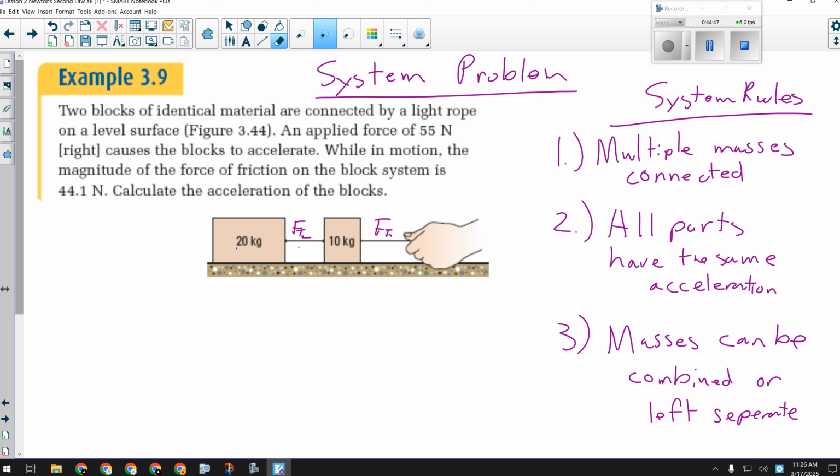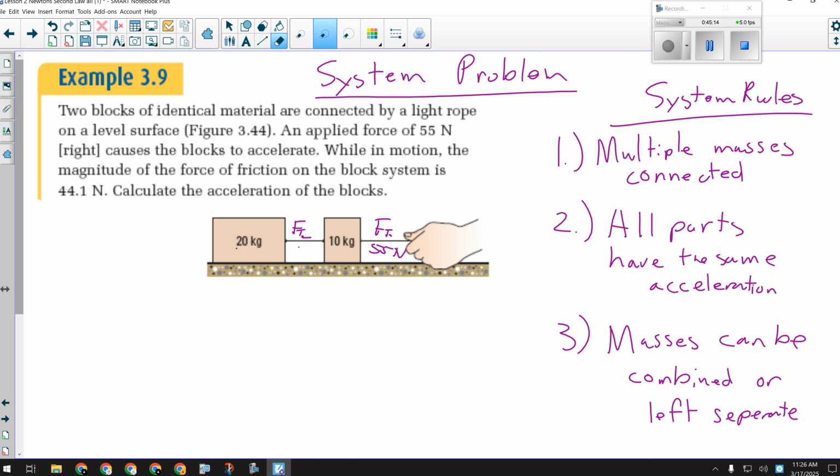Okay, so this first one is a pretty simple system question because of what they give me. In this question, they tell me that the force in this rope is 55 newtons. That rope is pulling all 30 kilograms. Agreed? It may be directly attached to the 10, but it's also connected to the 20. Everyone okay with that idea?